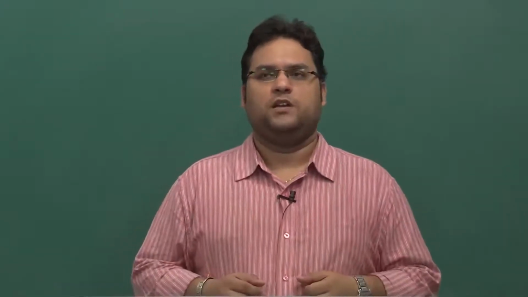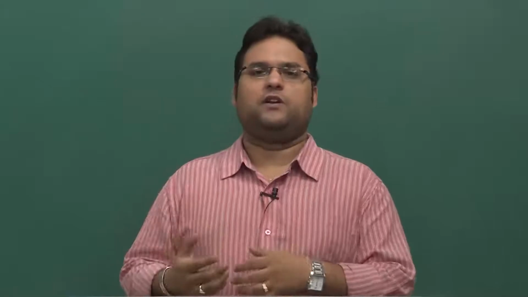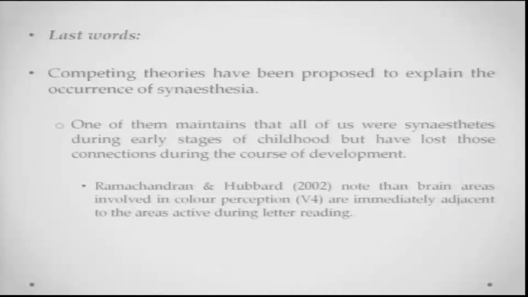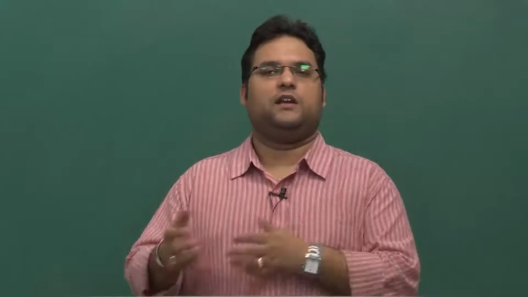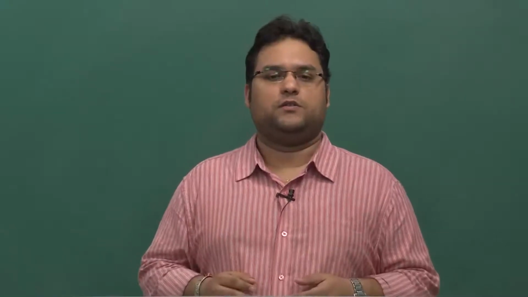Now coming to summing up what synesthesia was about, let us talk a little bit about the theories that have attempted to explain synesthesia. One of these theories maintains that all of us were synesthetes at one point in time during early stages of childhood, when we were growing up, but we lose these connections between these different sensory experiences during the course of development, probably because these are unadaptive and they are not fruitful for any meaningful interaction with the world.